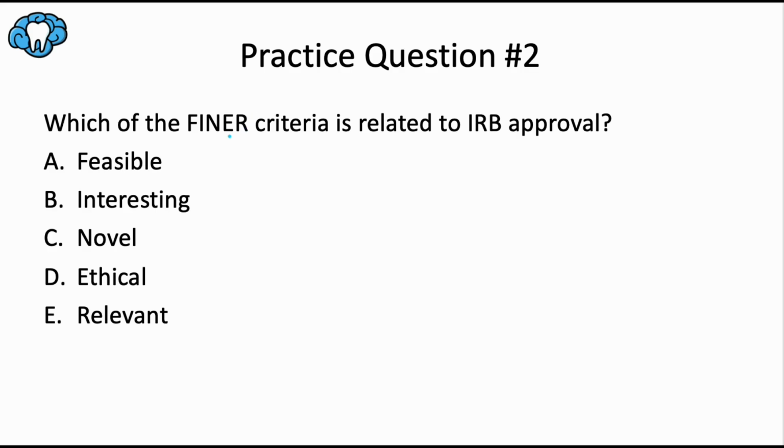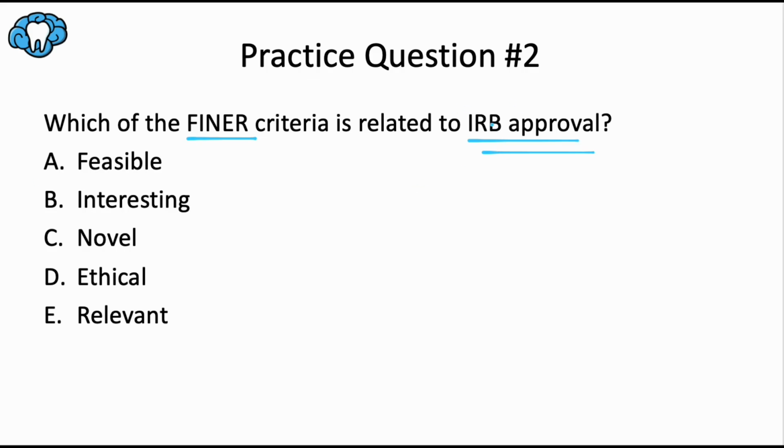So the FINER criteria is an acronym used to assess the quality of a research question. And all of the FINER criteria are listed out in order as the answer choices. I would also, of course, memorize what the acronym stands for in case they just straight up ask you, what does the N stand for in the FINER criteria, or what does the R stand for, for example? But in this question, we're trying to figure out which one has to do with approval by the Institutional Review Board.